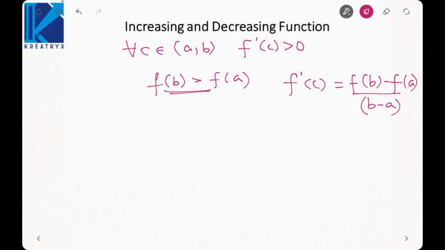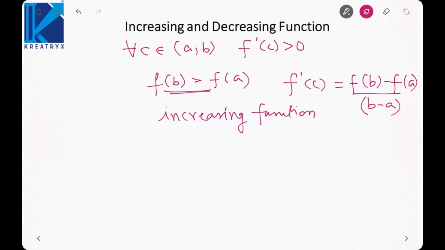Okay, it means the function value at a higher point is higher as compared to a lower value, which indicates an increasing function, because an increasing function will increase with the increase in x. So if you take a higher value of the input, you will get a higher value of the output. Since b is greater than a, the output at b, that is f(b), is definitely greater than f(a).